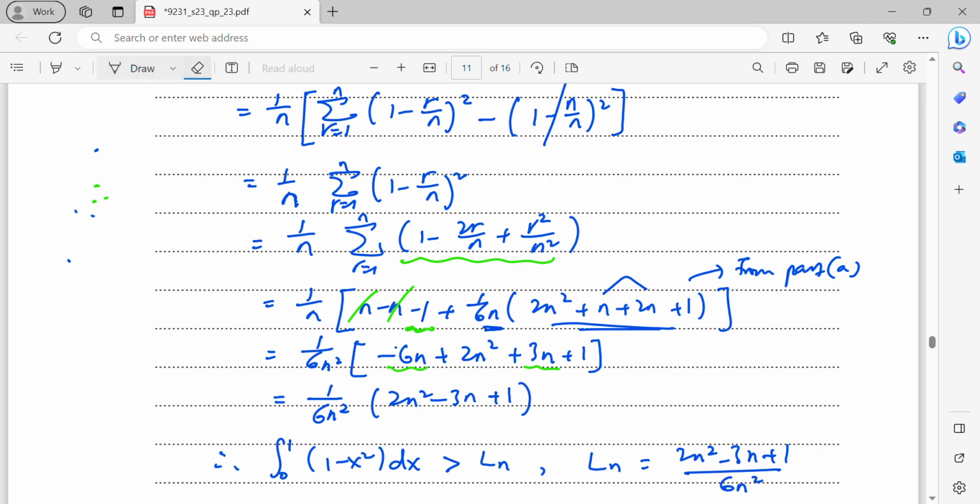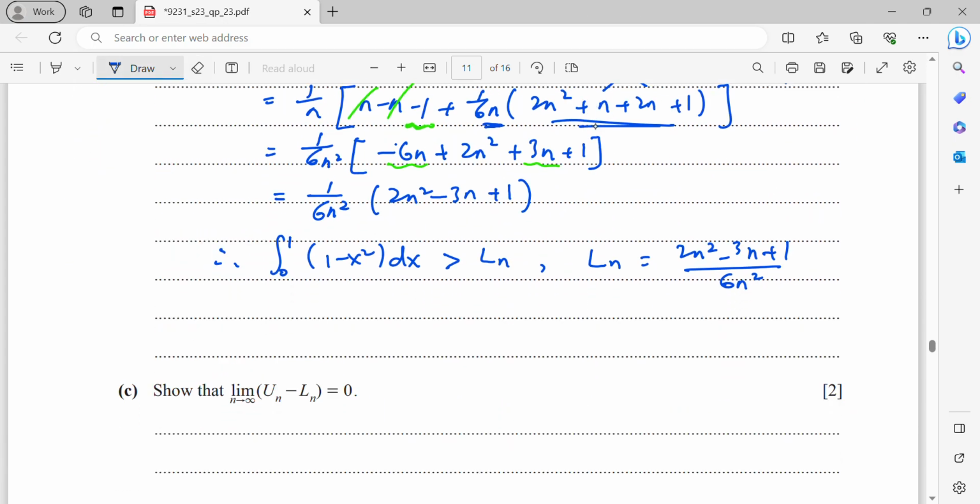Alright, so let's move on to the next part. So this is 3. Now show that the limit of un minus ln when n tends to infinity is 0.